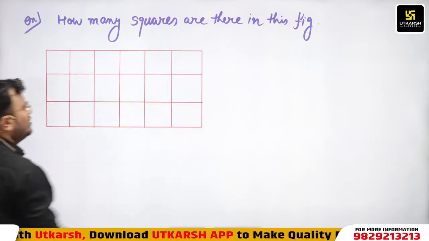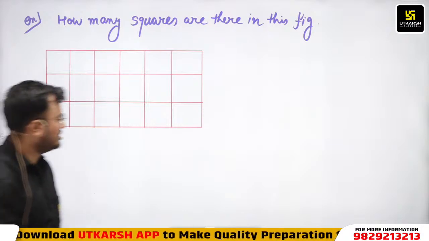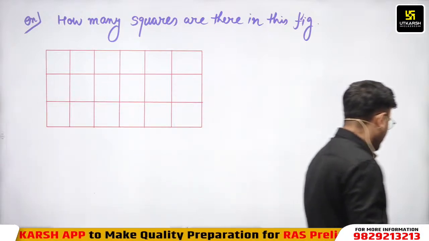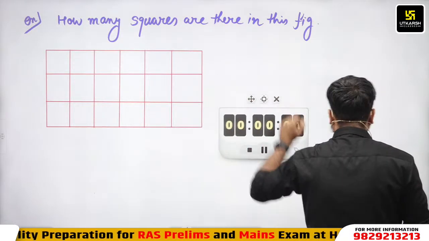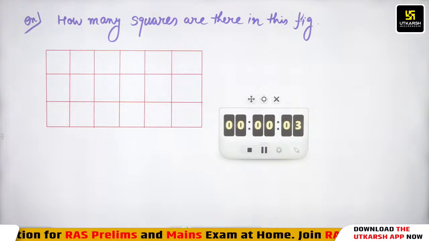So try to find how many squares are there in this given figure. Again, as I told you, the same trick will work here also. I am giving you 60 seconds, so try to figure out how many squares are there.